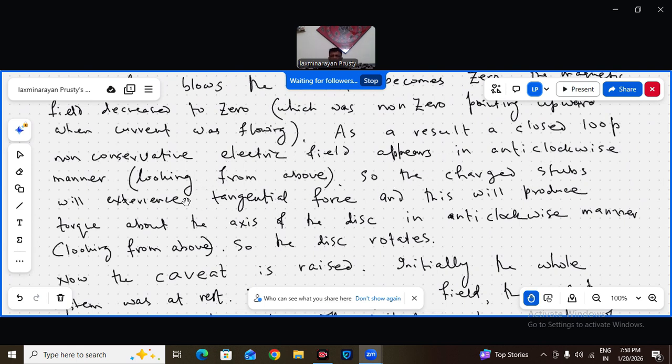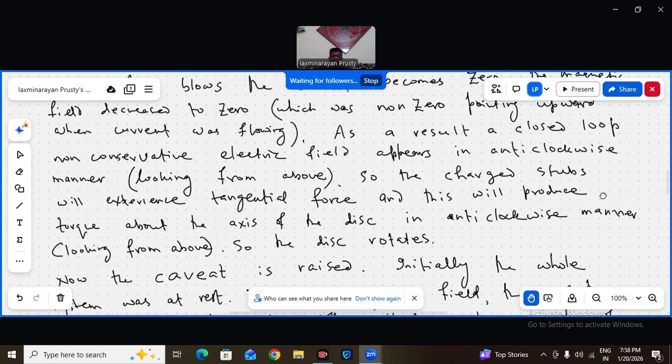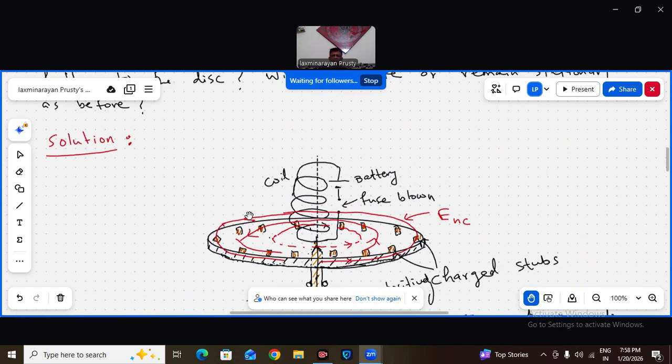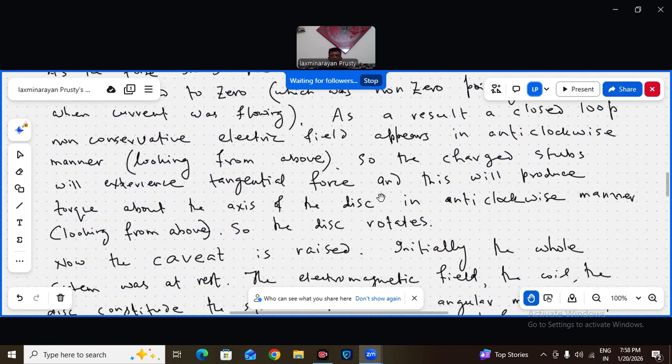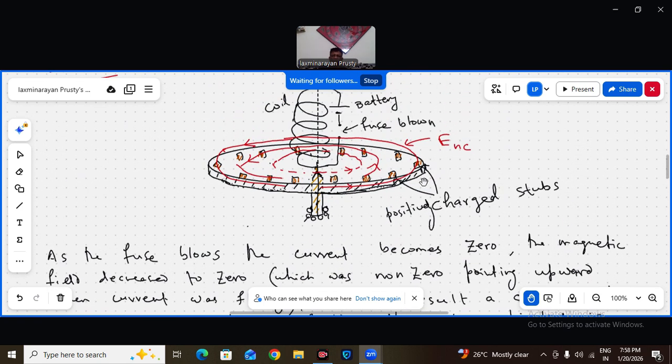So the charged stubs will experience tangential force in anticlockwise direction because they're positively charged. So this will produce torque about the axis of the disk in anticlockwise manner. Obviously, the forces act like this, torque will produce. So this is basically producing an angular impulse.